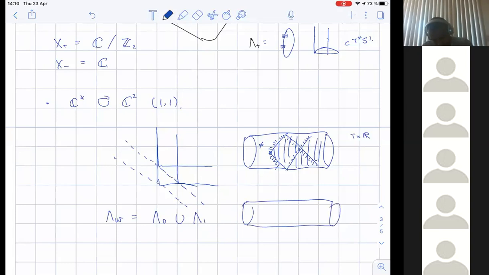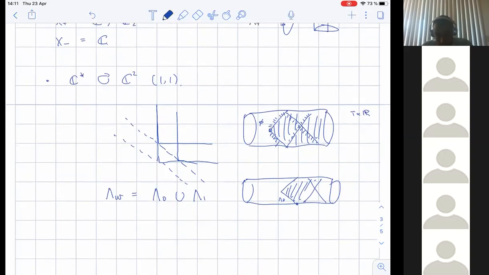Lambda 0 is a singular support like this, and lambda 1 is its shift a little bit down here. Sorry, I can't really draw the picture. So basically, it's a union of two objects, and these two objects should be considered as the line bundles O0 and O1 on P1.